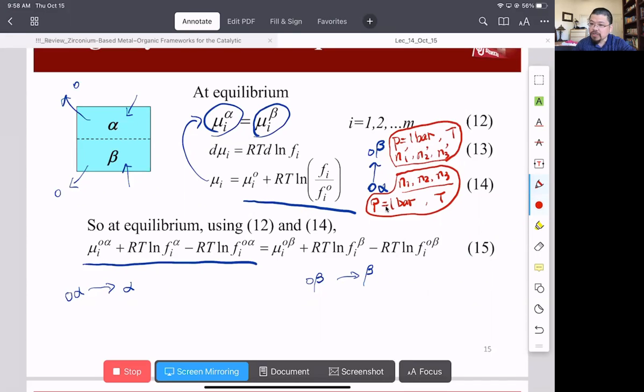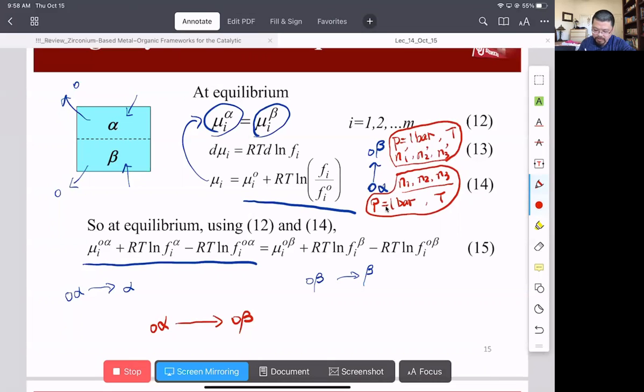But for the compositions, we don't have any requirement that they should be exactly the same, right? So this is why, if you look at the alpha phase and beta phase, they should have their own individual standard states, all right? So if we acknowledge that, then we can also run the integration from the standard alpha phase to the standard beta phase.